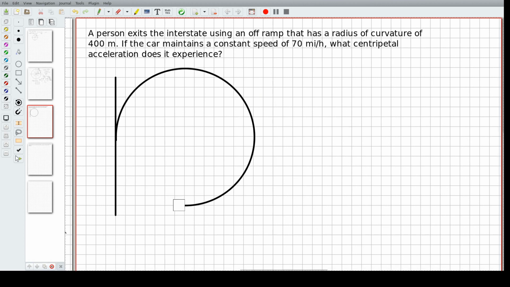So this right here, for example, might be what your exit looks like. So you see how this is based off of the section of a circle? So here, if you were to look at the radius of that circle, it would be whatever the radius of the circle was that I had here before, which would be something like this. That would be the center. And this is your radius of curvature.